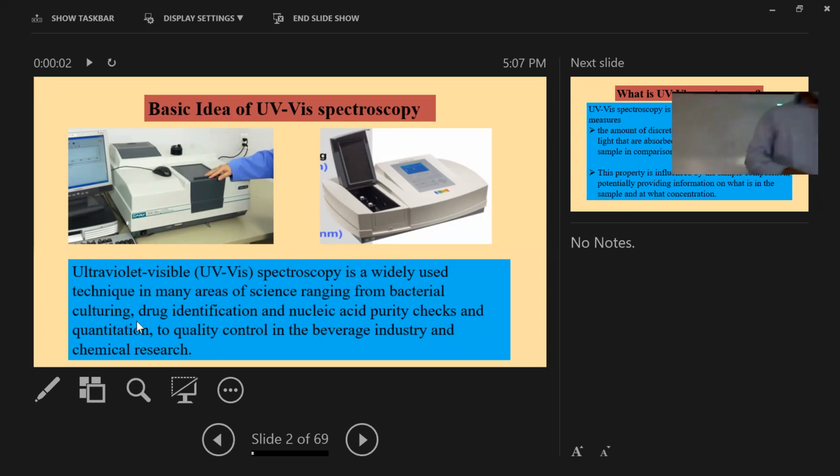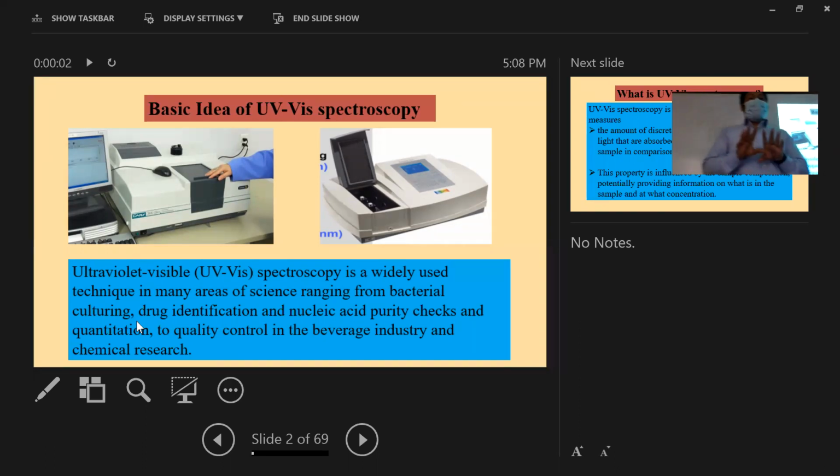Okay. So UV visible spectroscopy is a widely used technique in many areas of science, ranging from bacterial culturing. Actually, what I have mentioned is not related to UV visible spectroscopy. That is something else we use in daily life.